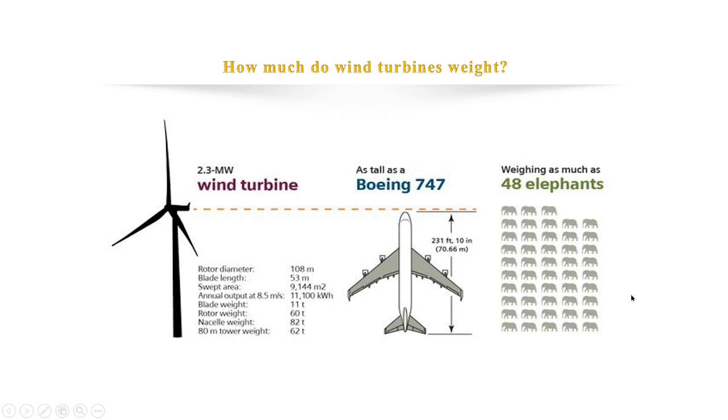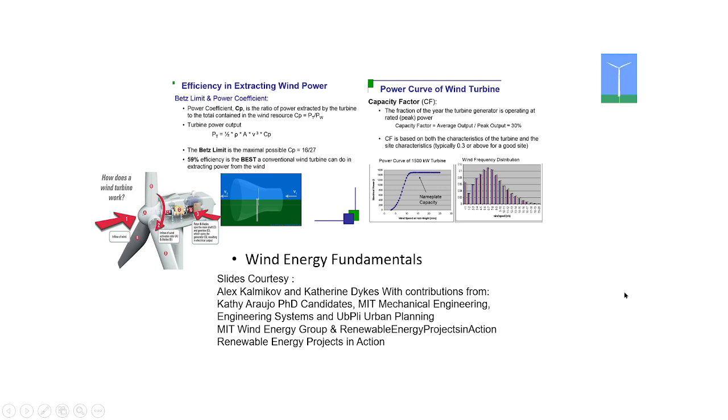Suppose you don't have any software with you. You have been told to find out what is the energy that will be generated from a particular wind turbine at a particular site.